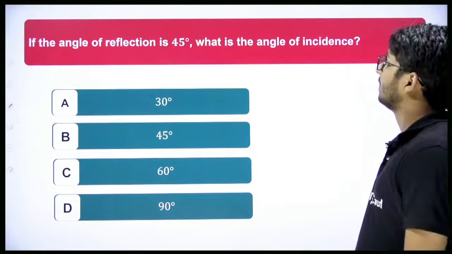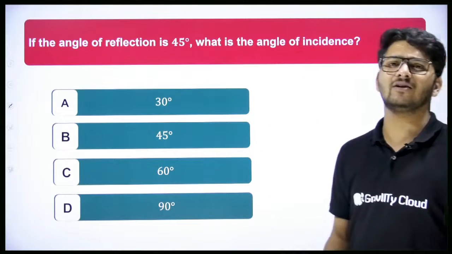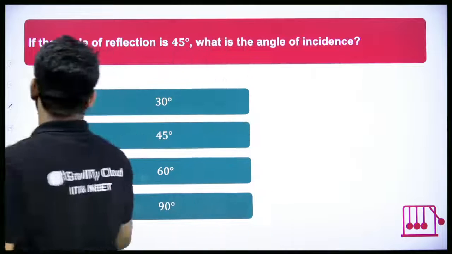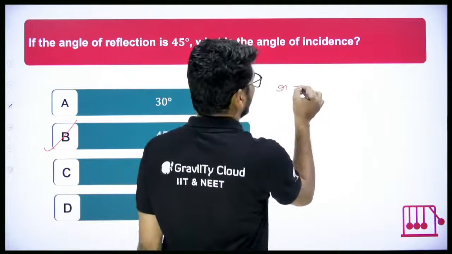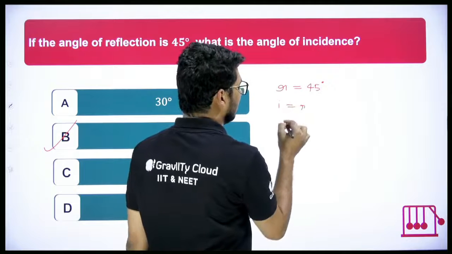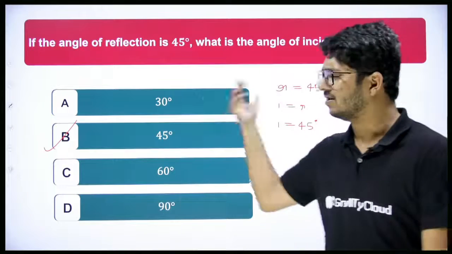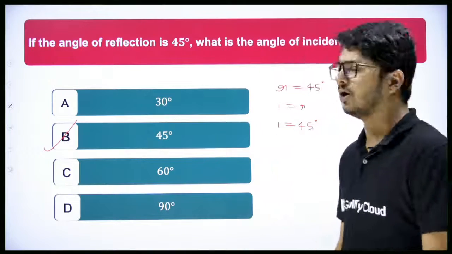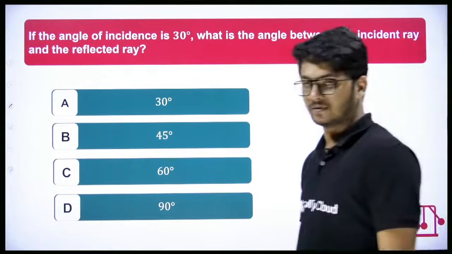It will be the same. It will also be 45 degrees because angle of reflection is 45 degrees, and I is equal to R. So I is equal to 45 degrees. That's it. Both of them are equal. Good.